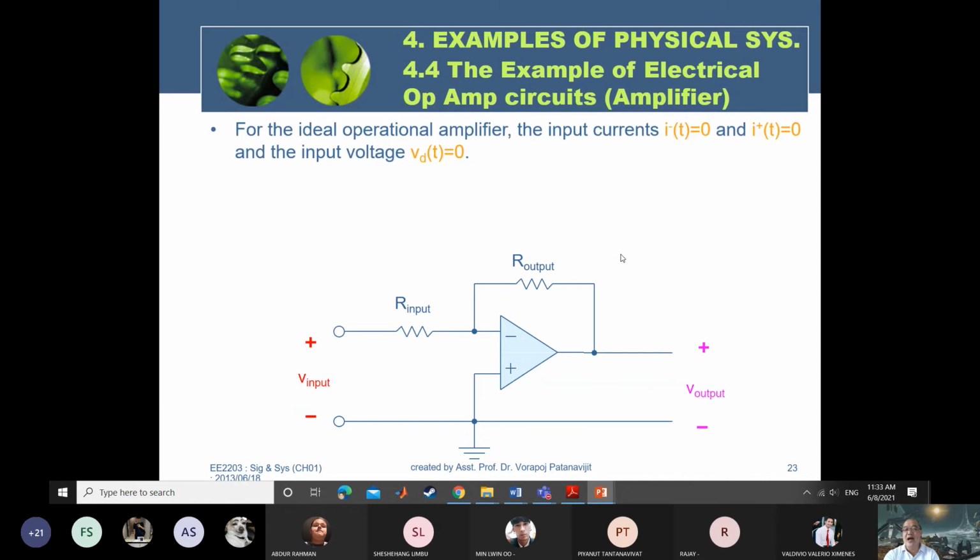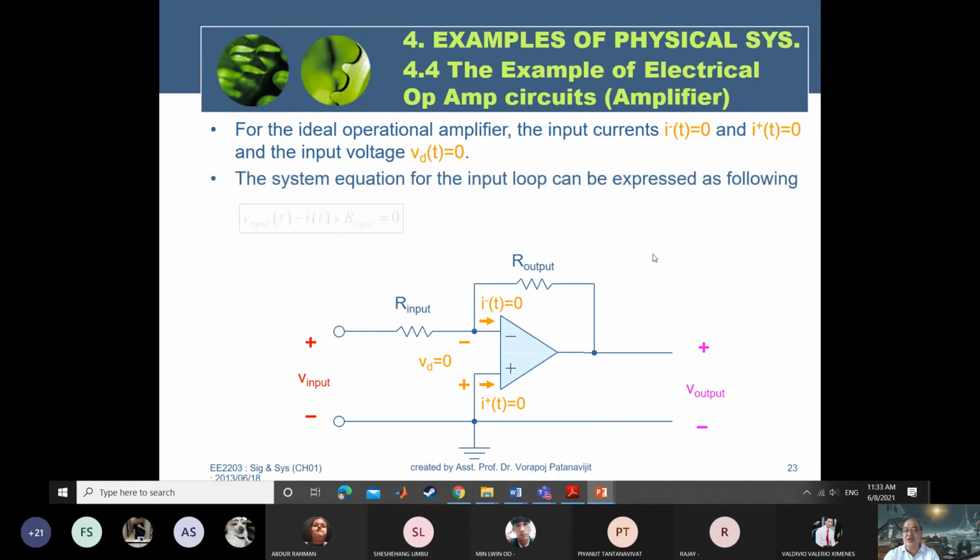From the ideal op-amp, the input current I equals 0, and the system equation for the input loop can be expressed here.